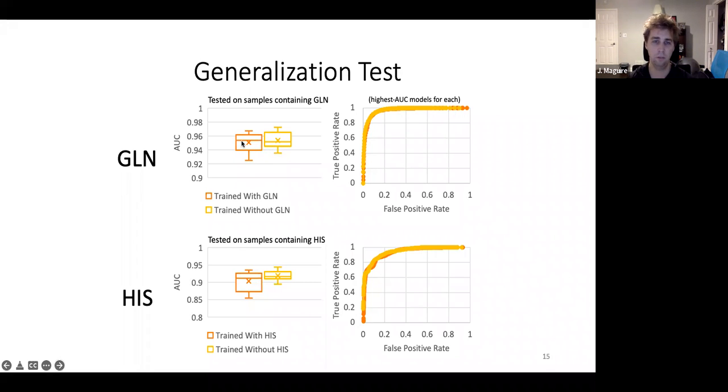That's why the orange spots are different. These orange 10 are the same 10 neural networks as these 10, but the y-axis is different because this is the glutamine data, this is the histidine data. And so we see consistency, same predictive ability, at least by eye.